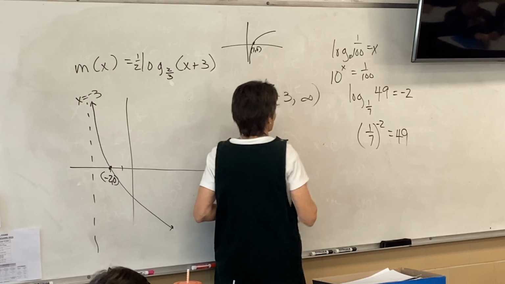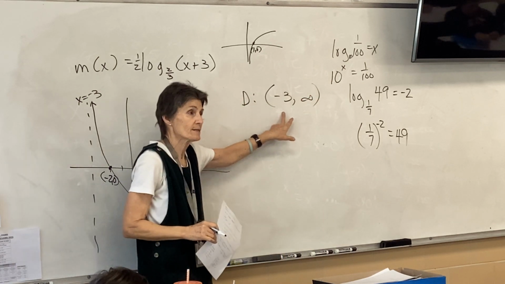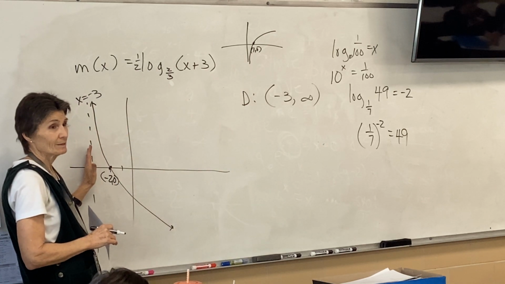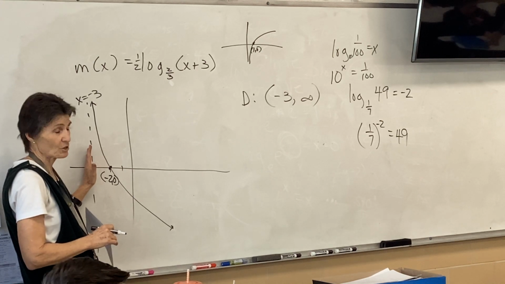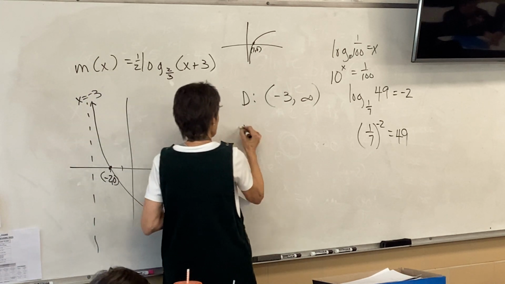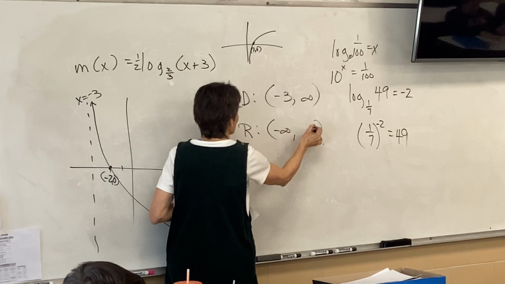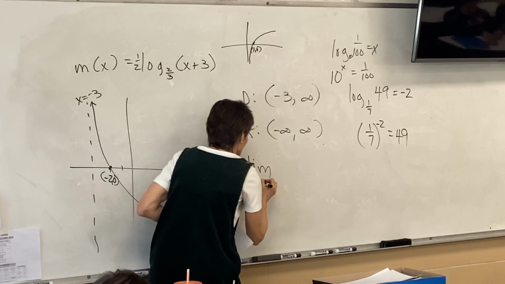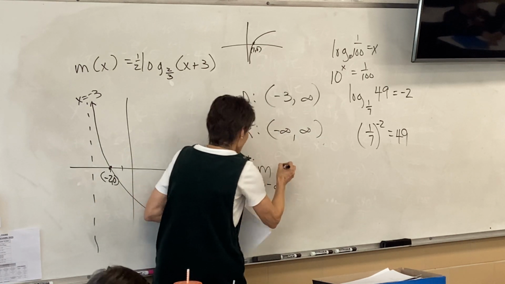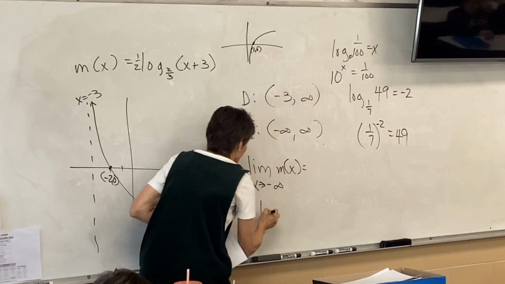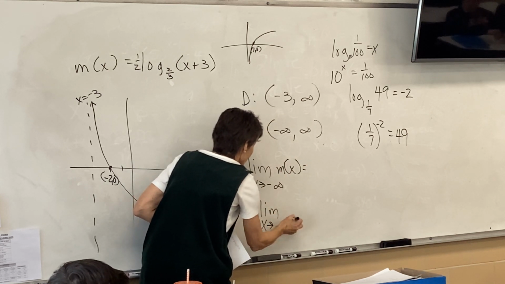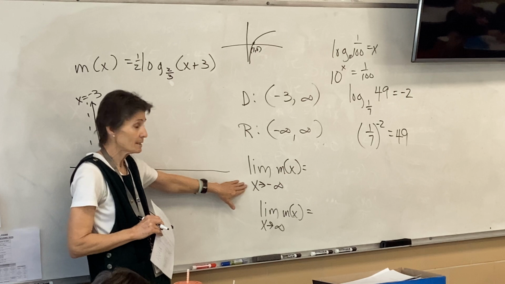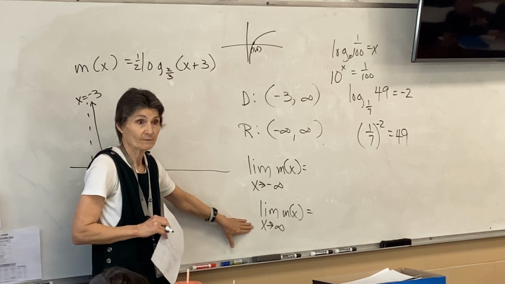-3 to infinity. Perfect. Some of you are putting closed intervals in there. Guys, what's happening at -3? There's an asymptote. Can't touch it. All right, and how about my range? -infinity to infinity. And how about my end behavior? Anytime I do end behavior, I think about x approaching negative infinity and x approaching positive infinity.